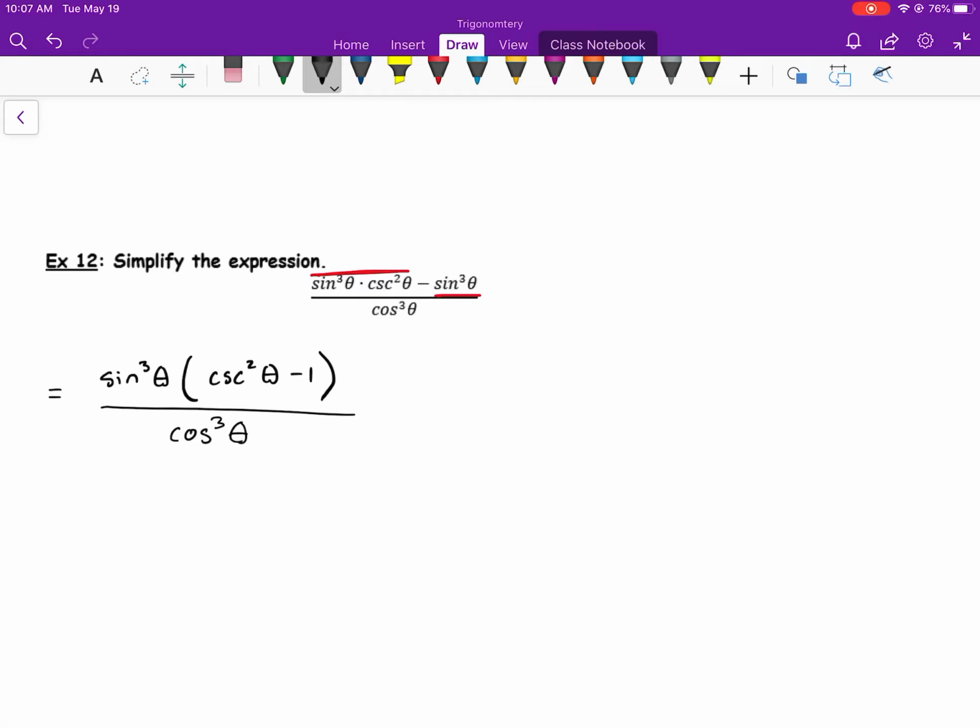So I have cosecant squared minus 1. So let's look over to our identities. So I have cosecant. Alright, so I see it on my board over there. So I'm going to pull that off. The identity that has cosecant says that cosecant squared of theta is equal to cotangent squared of theta minus 1.